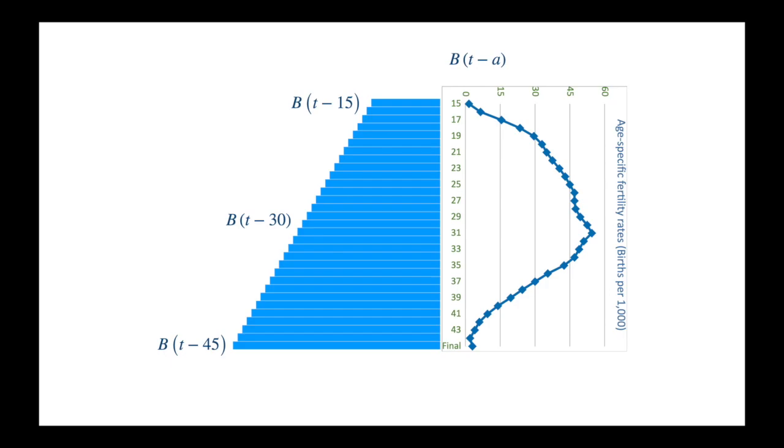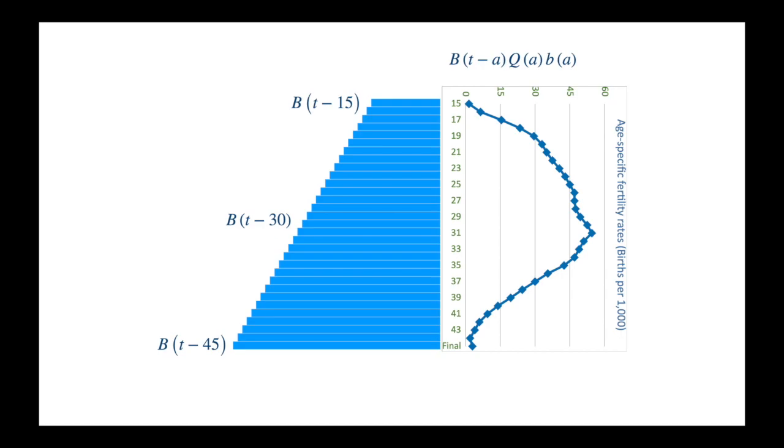Now not all of the females born A years ago would have survived, so let's represent the survival rate by Q. So Q represents the proportion of women who live to an age of at least A. The product of these two then represents the total number of women who were born A years ago and are still alive, or to cut a long story short, just the current number of females of age A. And if you multiply this by the age-specific fertility rate, you get their contribution to the current births.